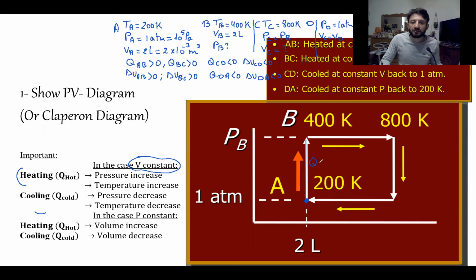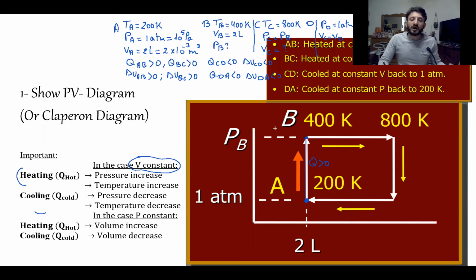So here we have Q hat positive. In the case of Q positive, P must be increased. We go to the point B. B to C, we have P constant. So at the point B, we can go to the right or to the left at P constant.